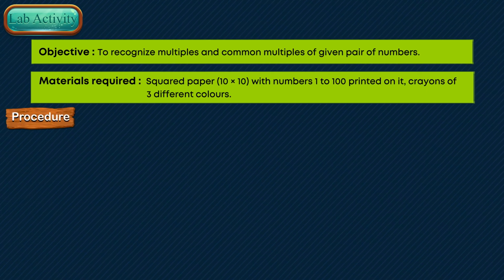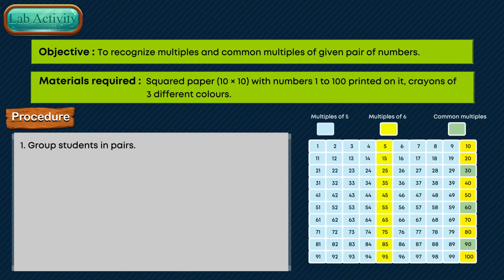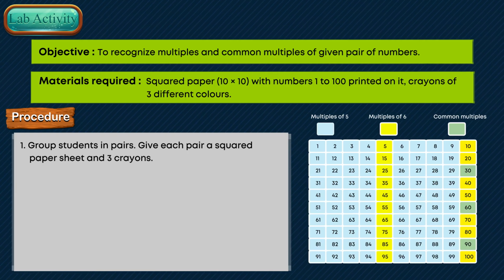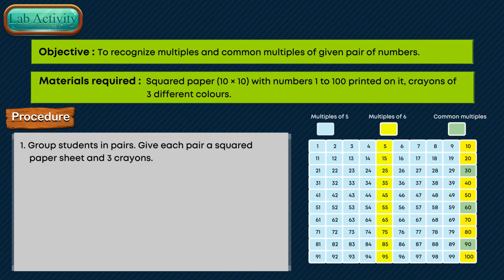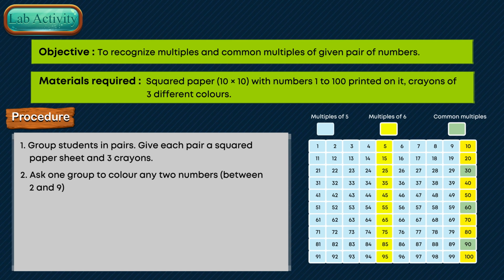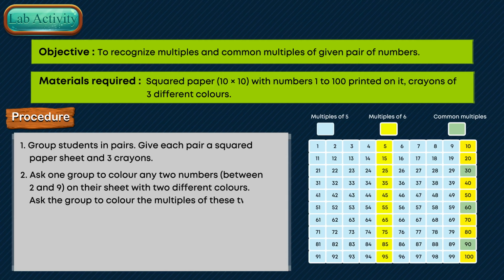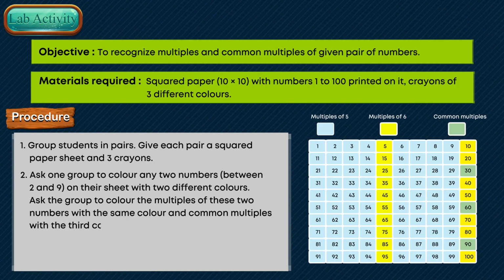Procedure: 1. Group students in pairs. Give each pair a squared paper sheet and 3 crayons. 2. Ask one group to color any two numbers between 2 and 9 on their sheet with 2 different colors. Ask the group to color the multiples of these 2 numbers with the same color and common multiples with the third color.